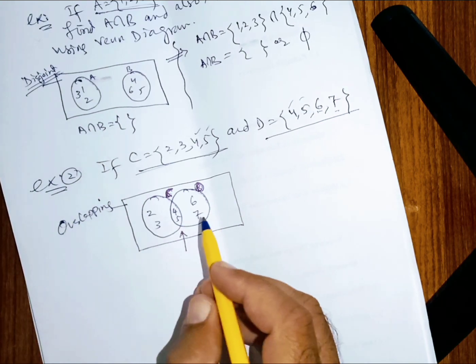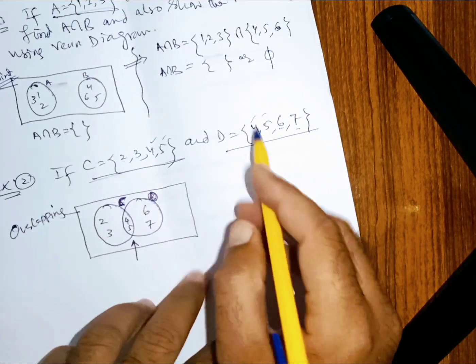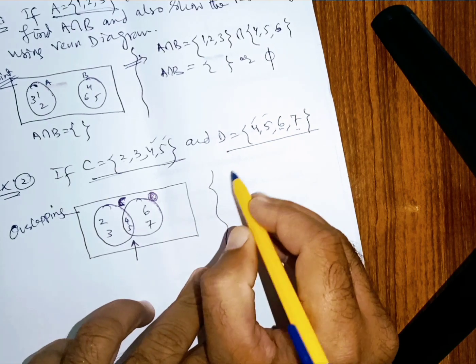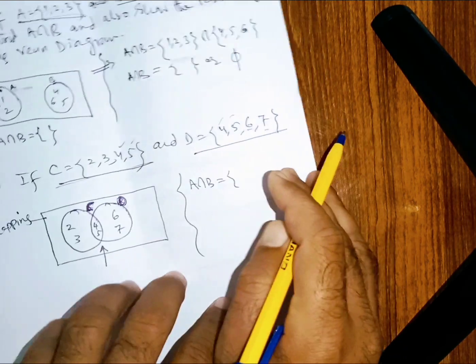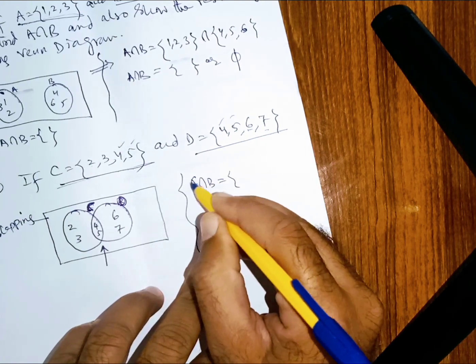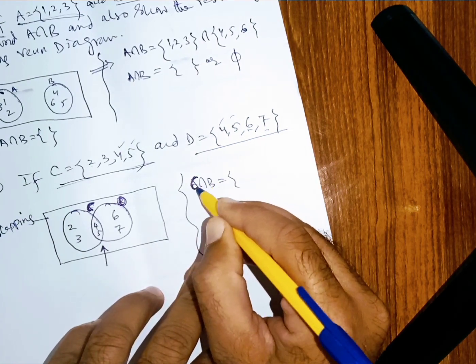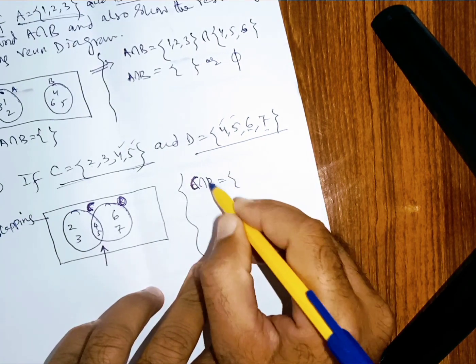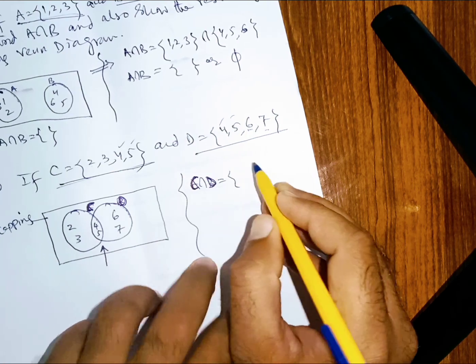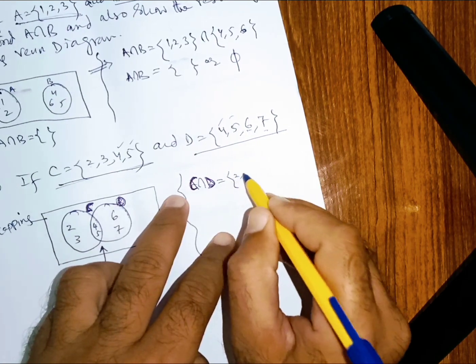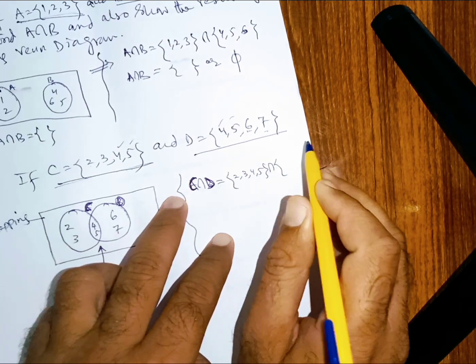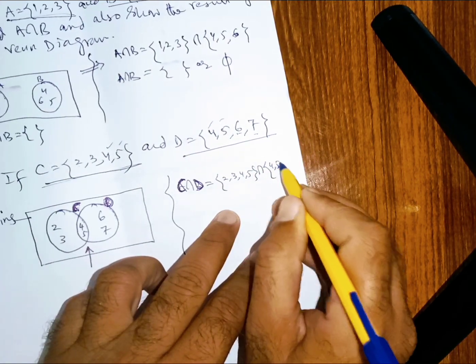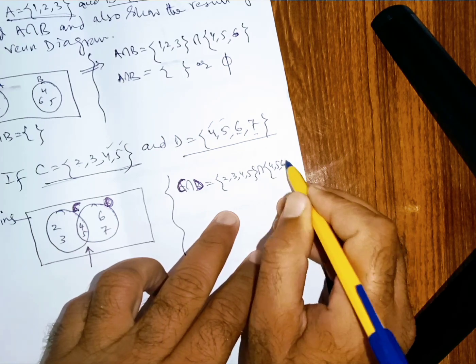Now in intersection, we always do A intersection B, but sorry, I'm always writing A and B. This is C and D. Now we have C, that is 2 3 4 5, and then intersection we have D, which is 4 5 6 7.